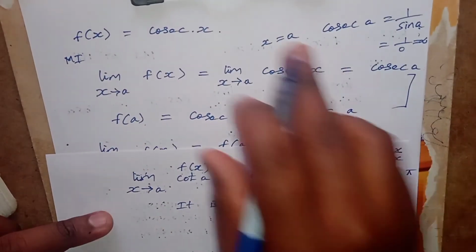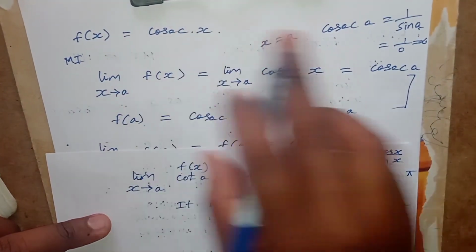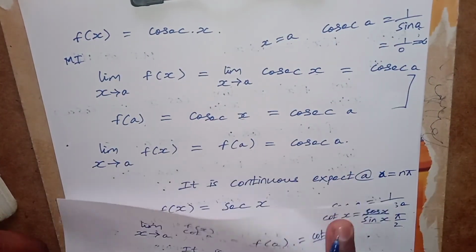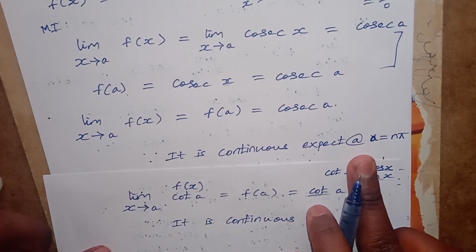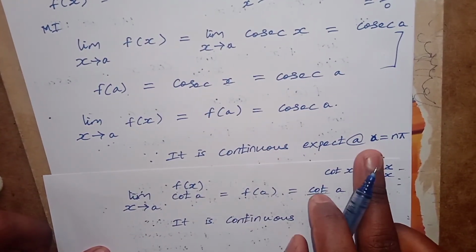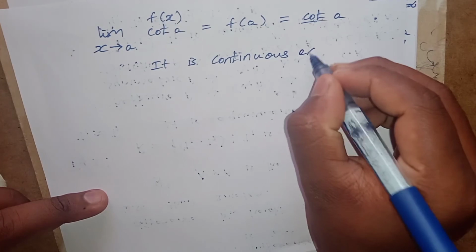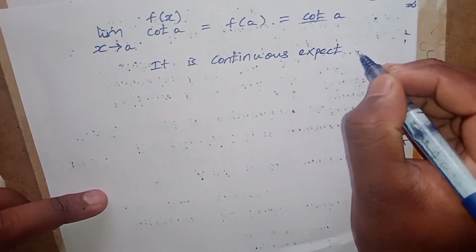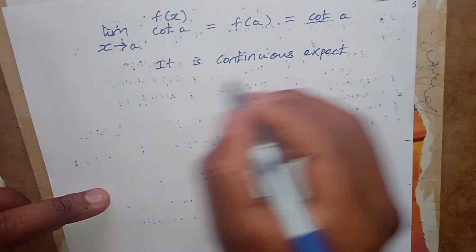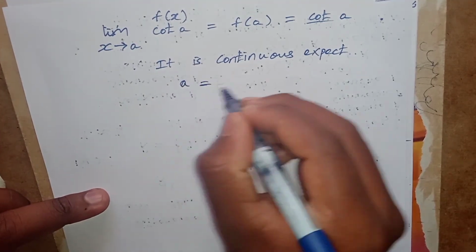Therefore similarly you have to take it as for cosecant. Okay, here it is continuous except at a equal to n pi. Similarly you have to write, here my function is continuous, but except at a equal to n pi.